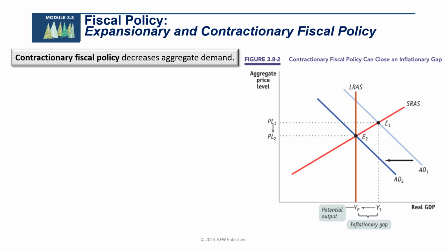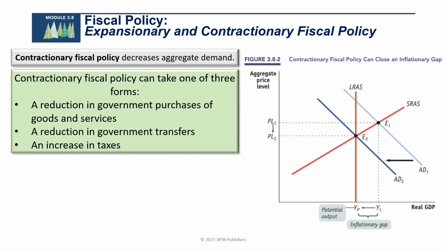Right? Well, how in the heck will the government go about accomplishing this goal? Same tools in the toolbox, but just in the opposite direction. So the government can cut spending or reduce purchases of goods and services.